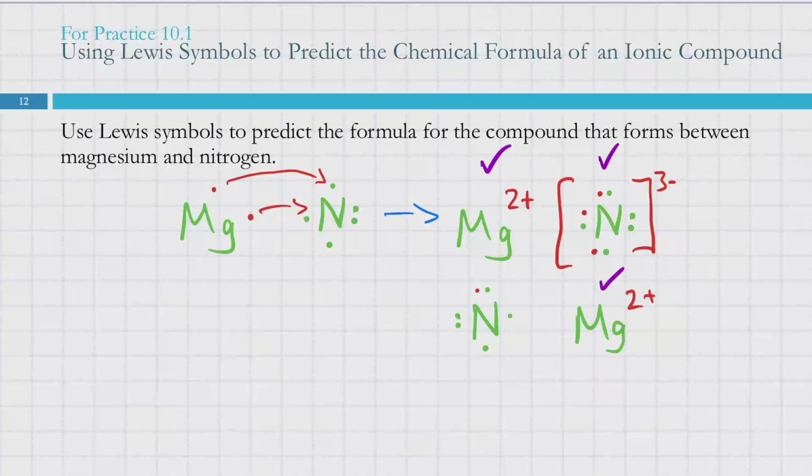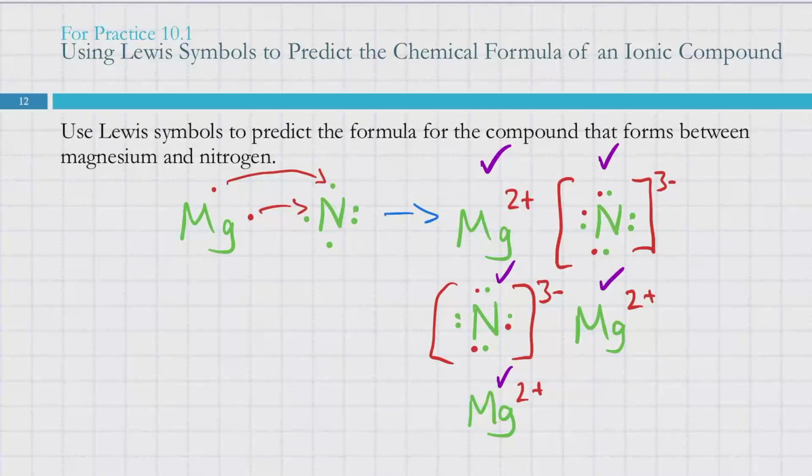Well, there's probably another magnesium lying around somewhere. And that magnesium probably also has, or will have, 2 valence electrons. We can transfer those 2 valence electrons over. And now this other nitrogen has its full octet, and our magnesium is a 2+.